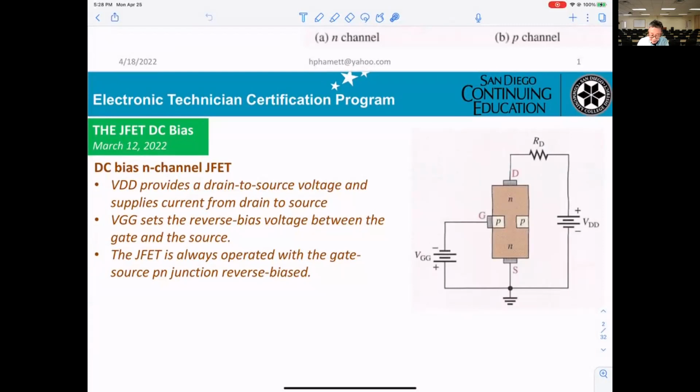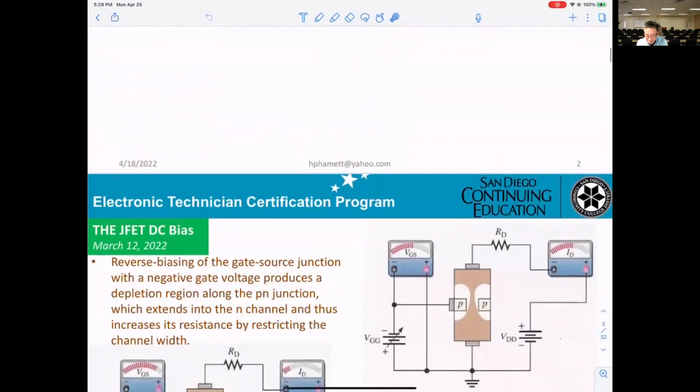So for N channel, VDD is applied positive and negative, and VGG negative and positive. That will be opposite to the P channel. For P channel, VDD will be negative and positive, and VGG will be positive and negative, just opposite.